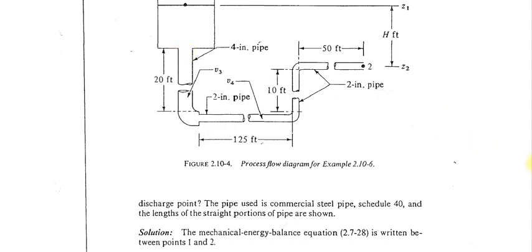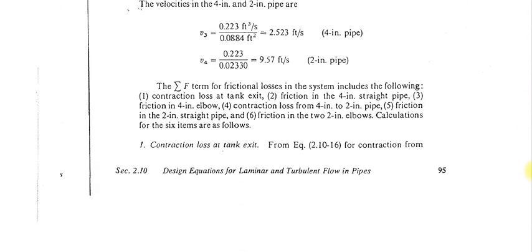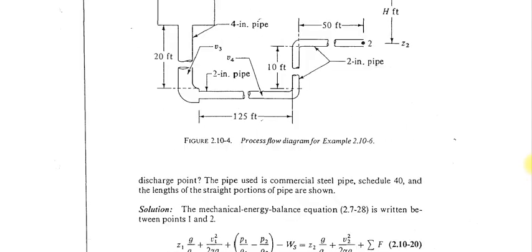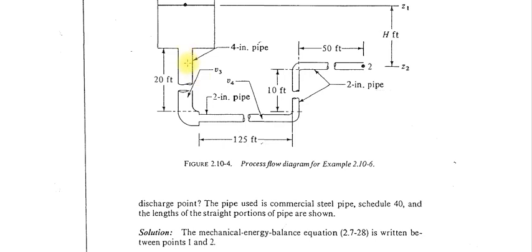This is the first loss. Then second is the friction loss in the 4-inch straight pipe. Fluid is flowing from here to here, and due to this solid wall there is friction. So you have the friction loss due to this 20 feet long pipe.